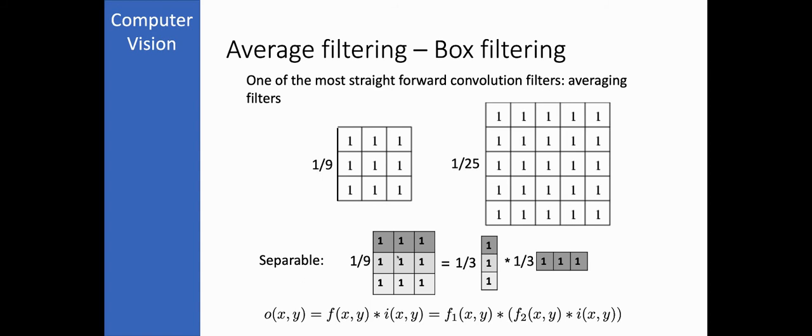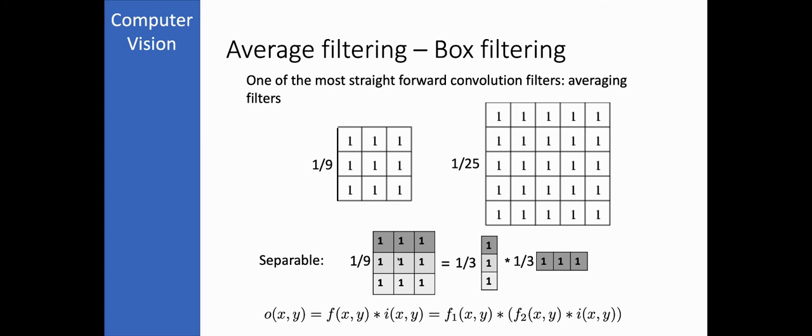I see that I can represent this filter by simply the convolution of two one-dimensional filters. The first filter will be vertical, 1, 1, 1 divided by 3. And the other one is the same thing, horizontal, divided by 3. Convolving these, I simply get this filter.